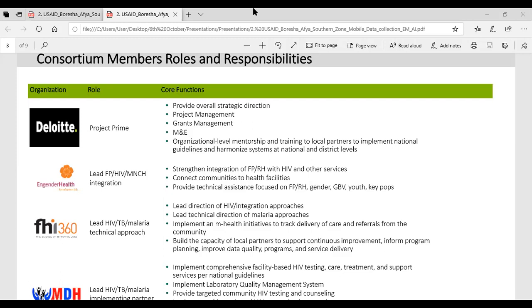We have another partner, which I am also part of, FHI 360, which is the technical lead in HIV, TB, and malaria. And we also have MDH, which is a lead implementing partner in terms of HIV, TB, and malaria. Next slide.